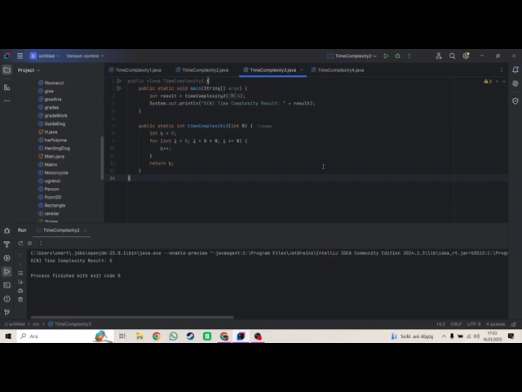If n is 1, the function returns x. This means that any number raised to the power of 1 is the number itself. If n is even, the function calls itself recursively with parameters x times x and n divided by 2.